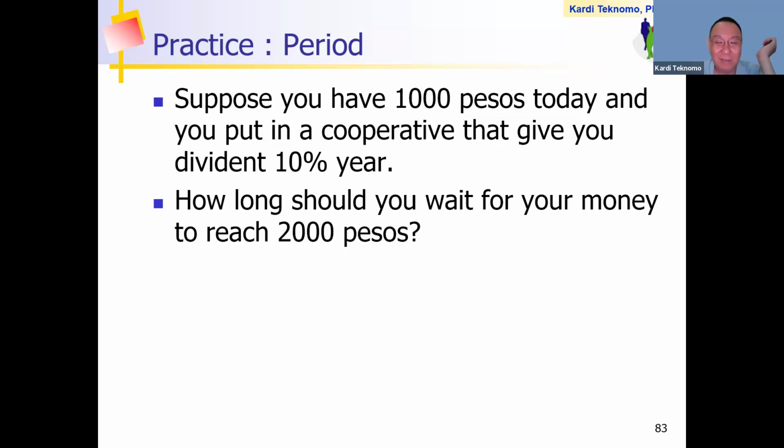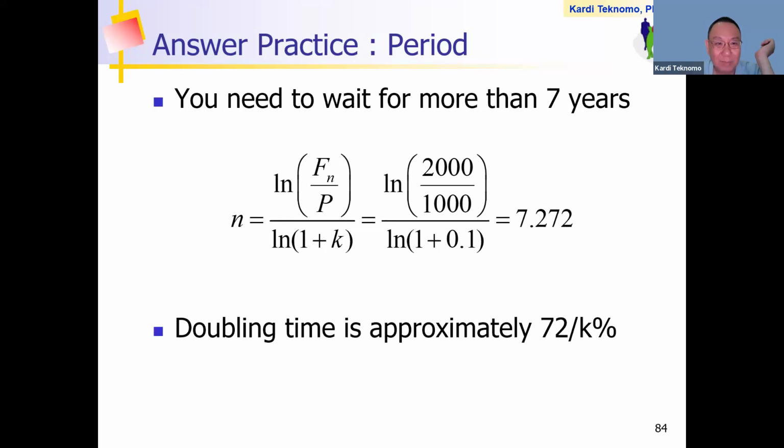In that case, you just put it into Excel. The present value is 1,000, the future value is 2,000, and K is 10%, so 0.1. If you compute this, you will get 7.2, which is approximately the same as Rule 72, isn't it? So Rule 72 works pretty well.